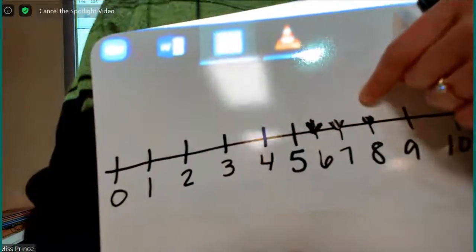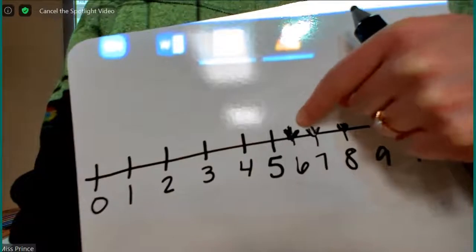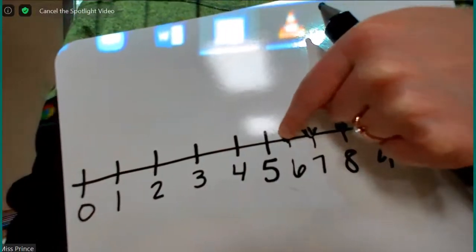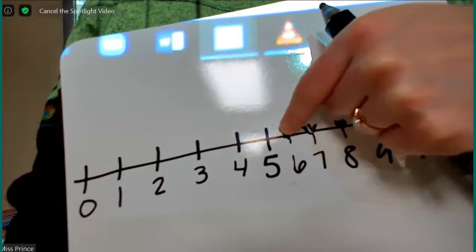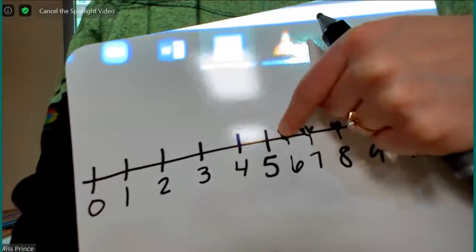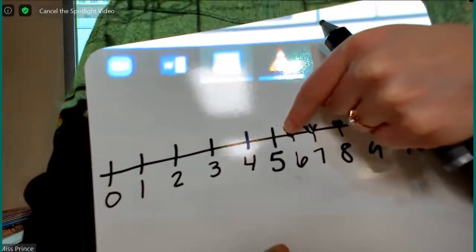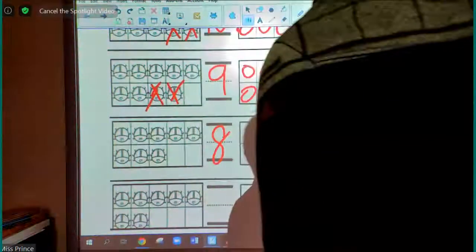Okay. So we're at 8, and we're going to get rid of 2 of them. 1 fewer, 2 fewer. What am I at? Yeah. So you're going to take away. So how many, Deleza?